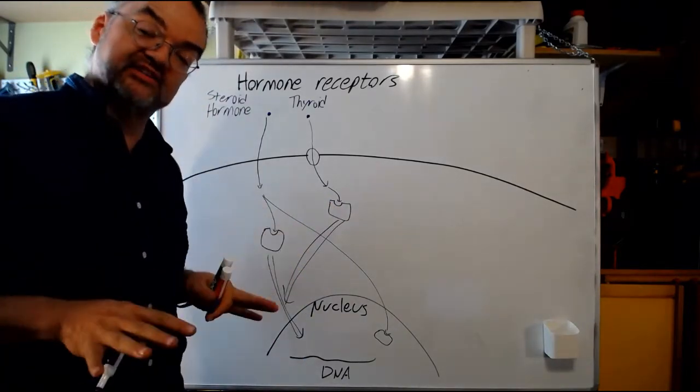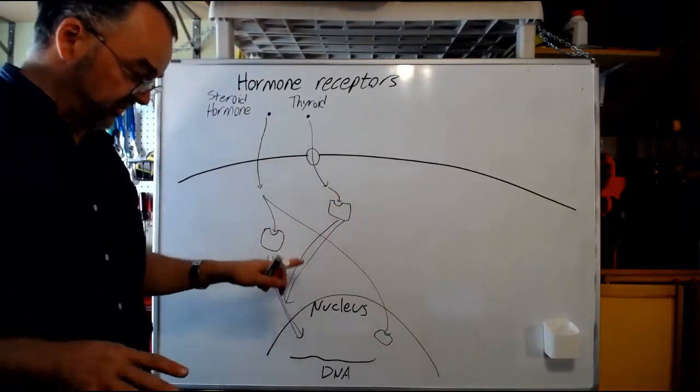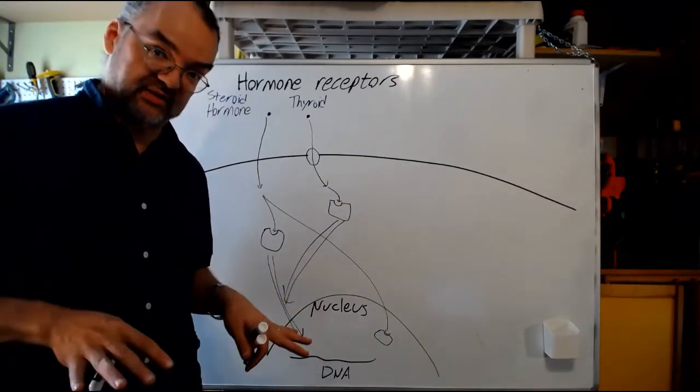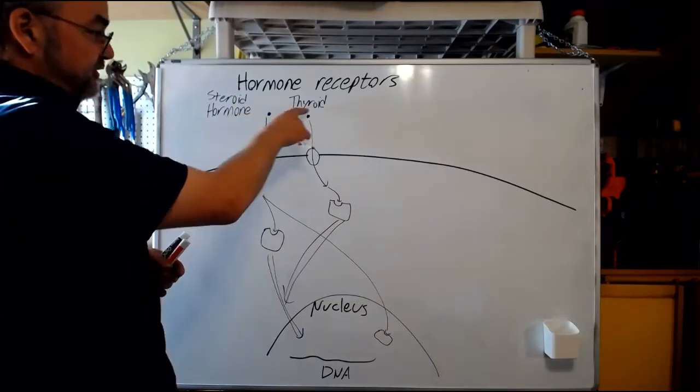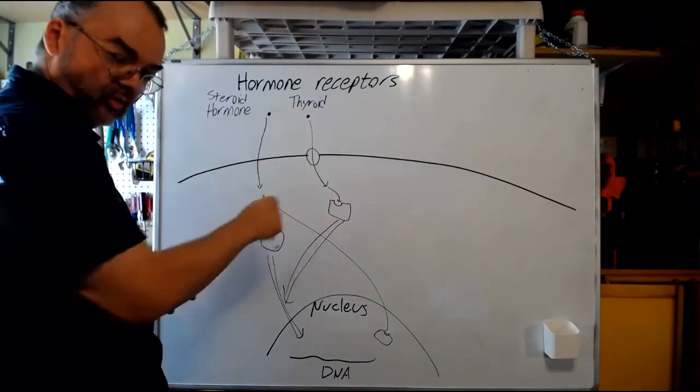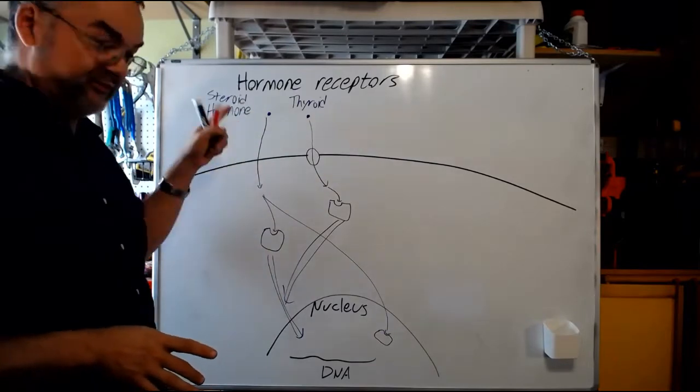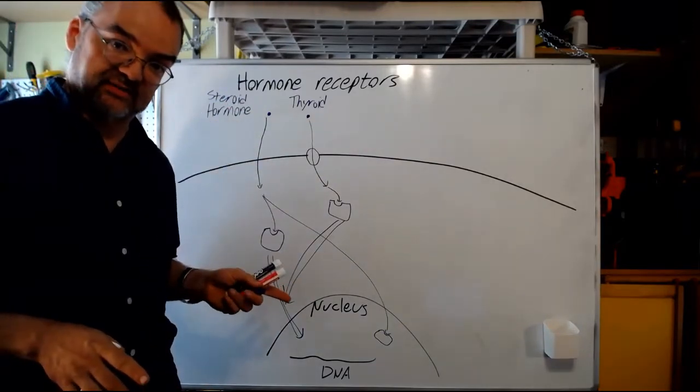And their mechanism of action is also like a steroid. Usually their receptor will bind to DNA and change which genes are being transcribed. So the main difference here is that thyroids have to be transported across the cell membrane, even though they're lipophilic, whereas steroids just diffuse across the cell membrane and bind to receptors.